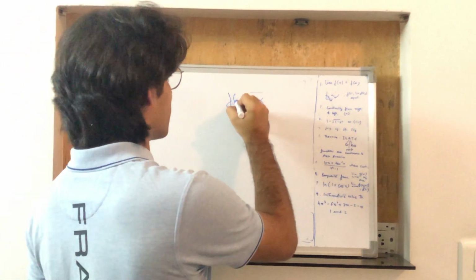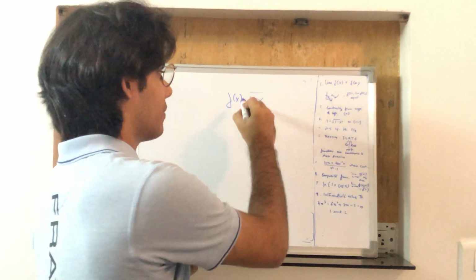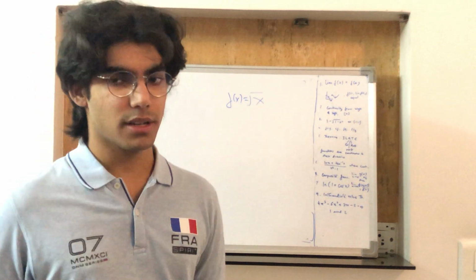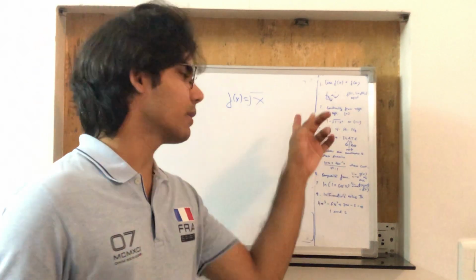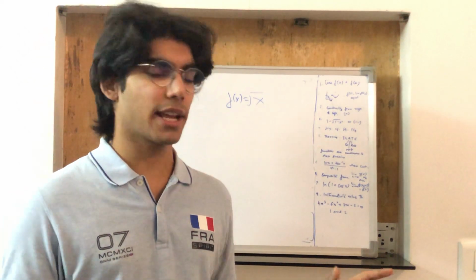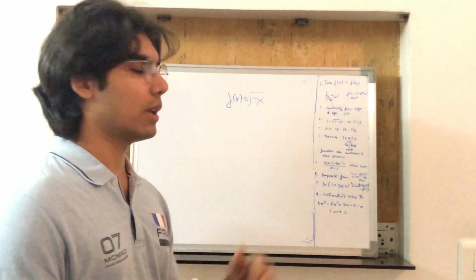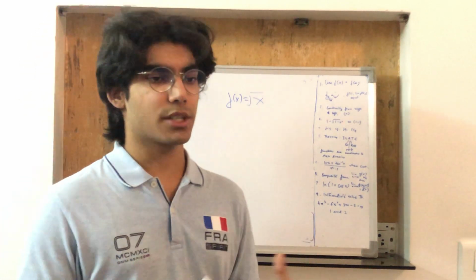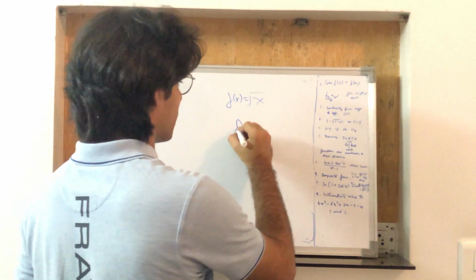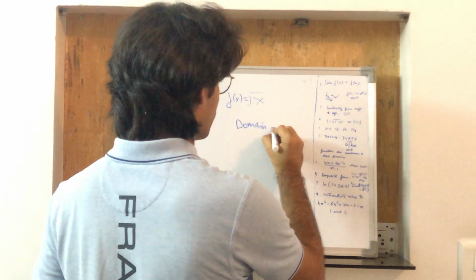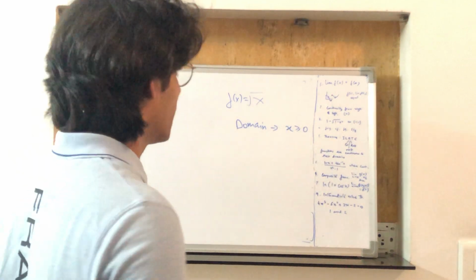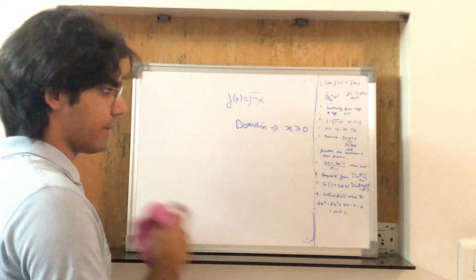If you have f of x equal to root x, the domain would be anything greater than or equal to 0, because you can plug in 0 here, but you cannot plug in anything less than 0. -1 is going to be a complex number, which is not real, so we can't. So the domain for this function is x greater than or equal to 0. This is basically what domain means.